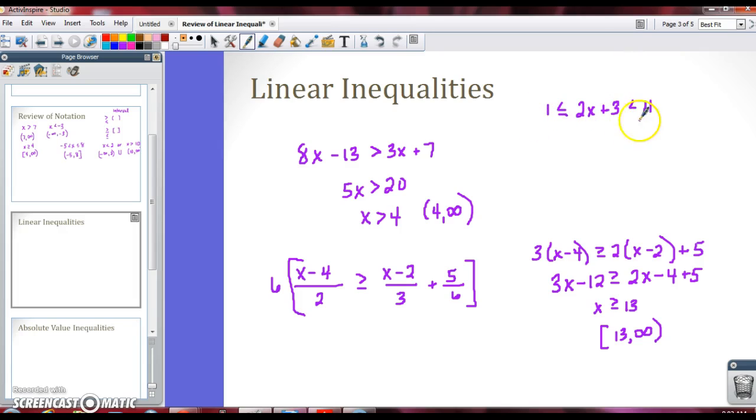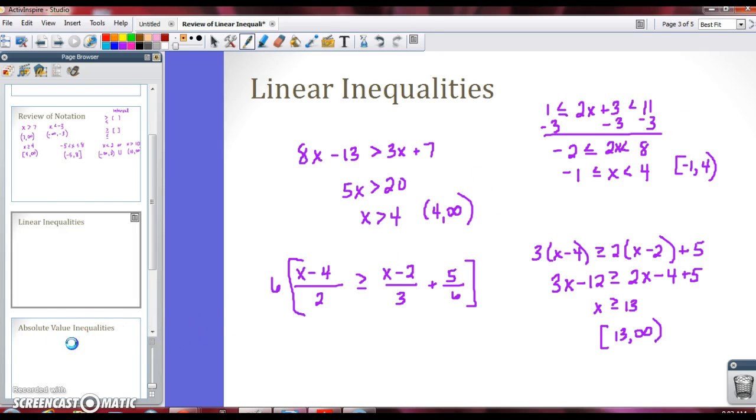So in this case, I would subtract 3 from every term. And then I would go ahead and divide through by 2. So I end up with negative 1 is less than or equal to x is less than 4. And again, the interval notation would end up looking like that.